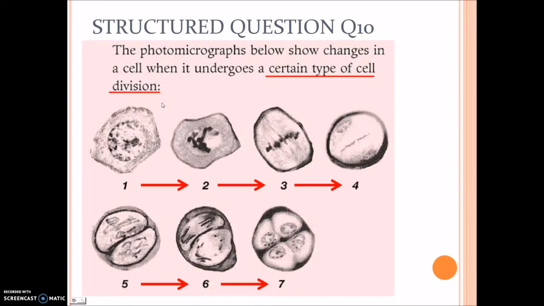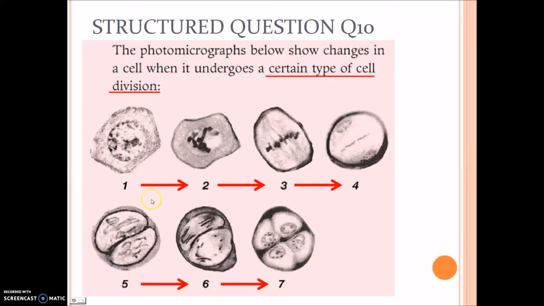It may be mitotic cell division and it may be meiotic cell division, and that will be your first question to ask yourself: 1 2 3 4 5 6 7, which type of cell division is it? So perhaps you can see that it divided the first time and then divided a second time.